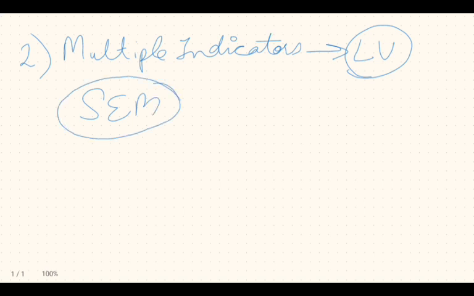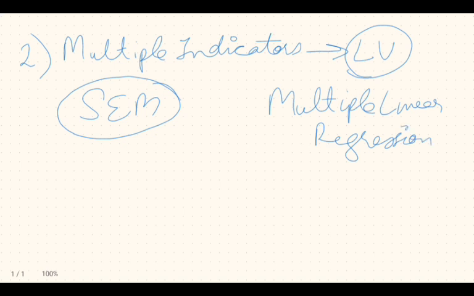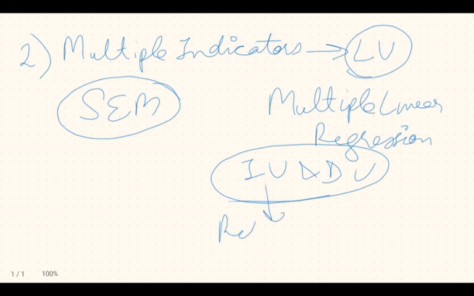In multiple linear regression with a single dependent variable, we assume that the independent and dependent variables are continuous and reliably measured.